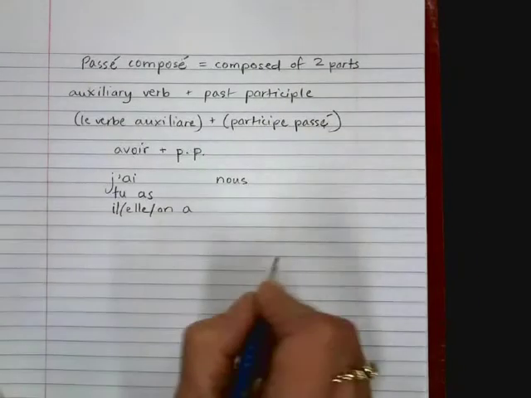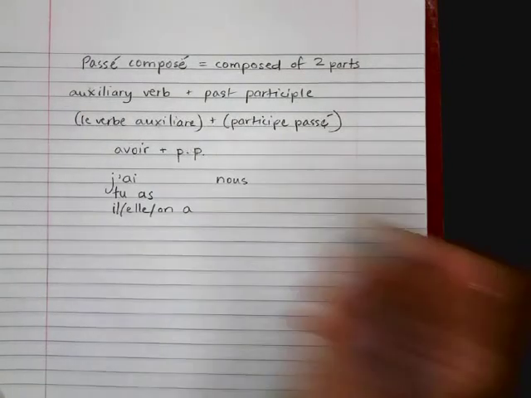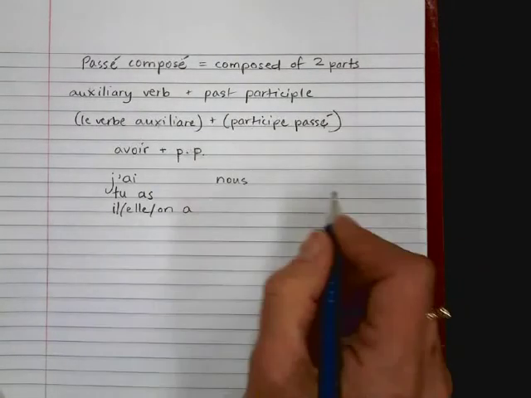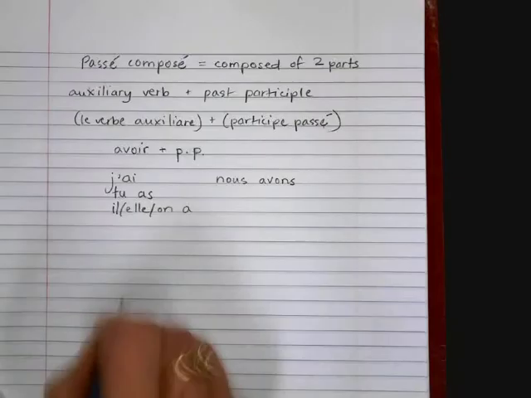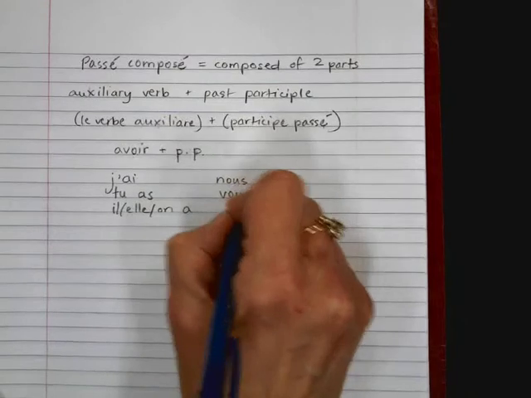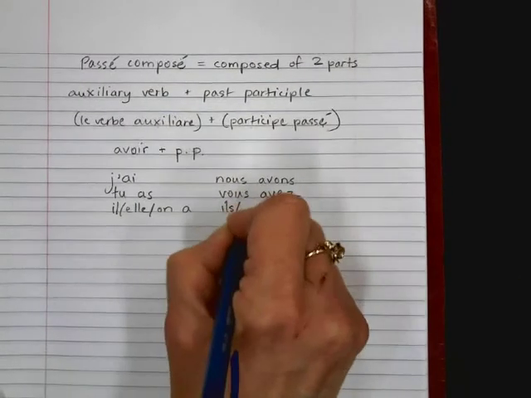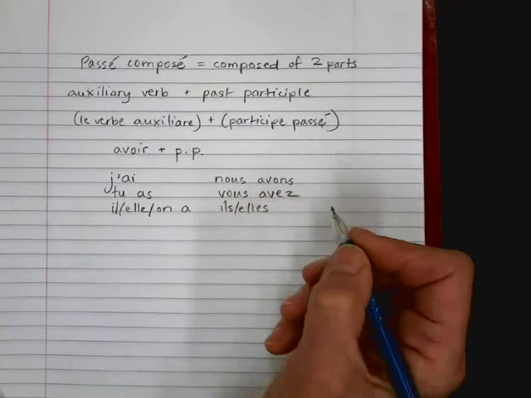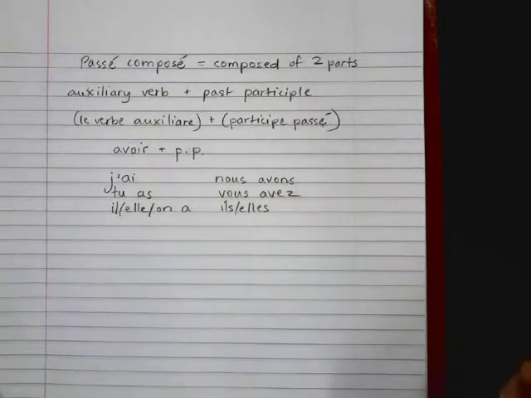And Bianca with nous? Oui, nous avons. I knew you knew it. Megan, what is it with vous? Vous avez. Il, elle, pluriel. Ben, what is it for il, elle, pluriel?